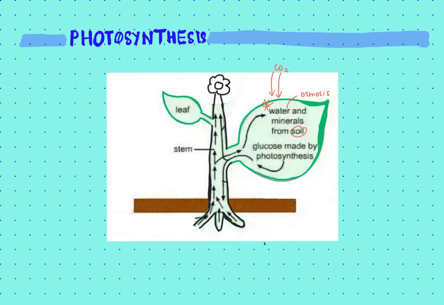The carbon dioxide will diffuse into the leaf, correct, through the stomata. Alright, the exact pathway, I'm not talking about it here. So with these two raw materials, you will be able to make the glucose in photosynthesis, mainly in the palisade and the spongy mesophyll cells.